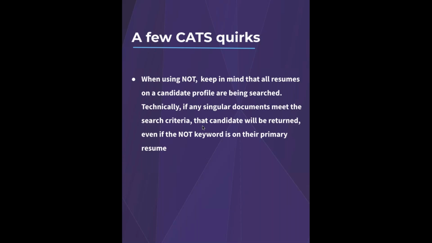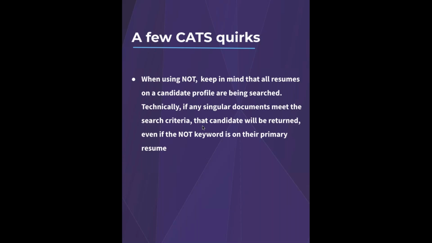And so let's say I'm running a search where I'm saying, okay, I'm looking for engineers, but I do not want any aerospace engineers. So I'm running a search that says not aerospace. You've got a candidate in your system that started off as a software engineer, and then he made his way to the aerospace world.